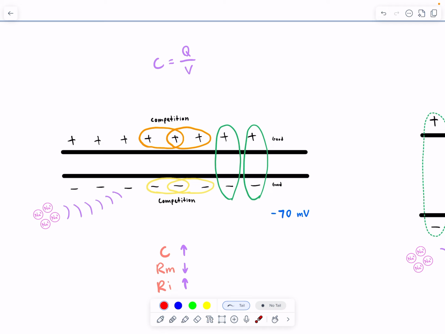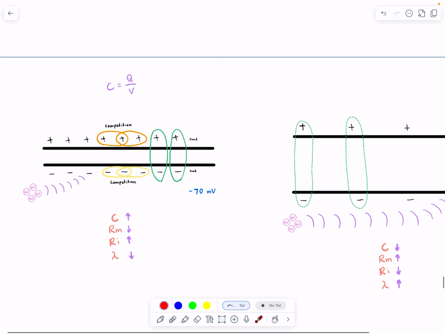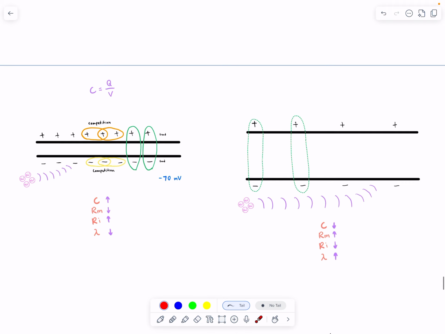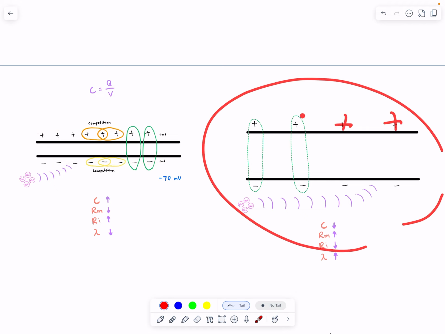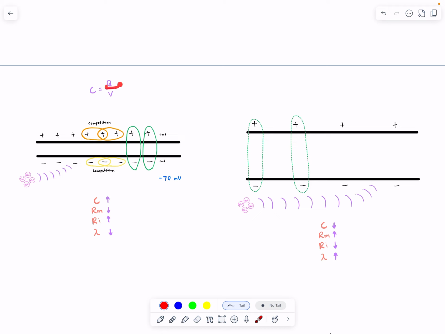Capacitance is just the ratio between those two things. In this case capacitance would be high, because there's a lot of charge separated for that voltage. Anytime this number Q is bigger, with more charges separated as opposed to over here where there's less, capacitance is going to be up.